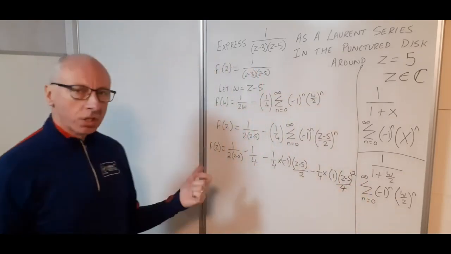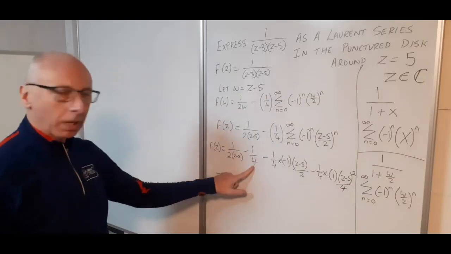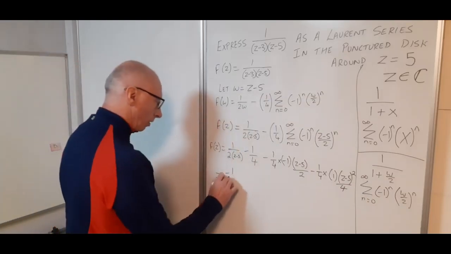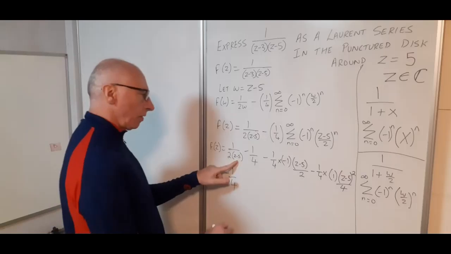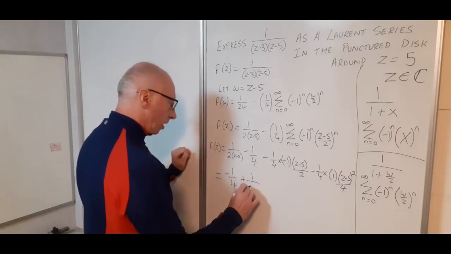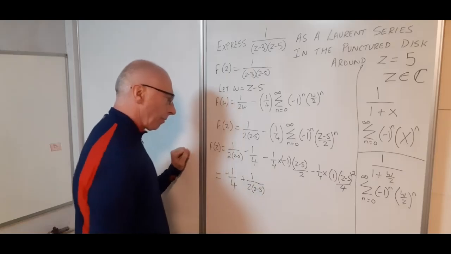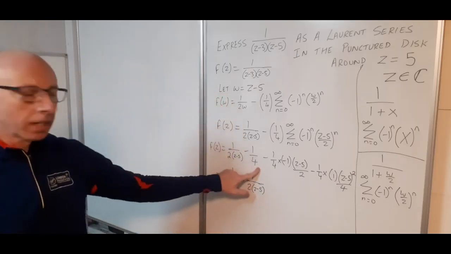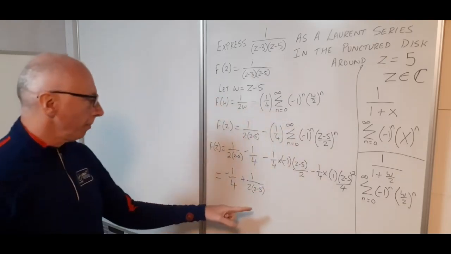Okay, now let's just tidy this up a little bit. I'm going to put my constant term first. Then I'm going to add this term with z minus 5 in my denominator, so add 1 over 2 times z minus 5. So that's that and that taken care of. Let's take care of this z minus 5 to the power of 1 term.